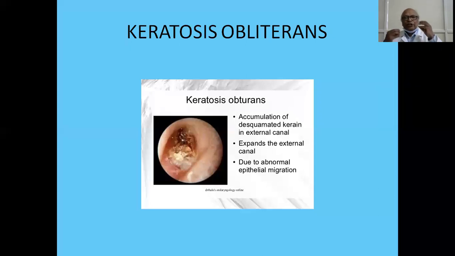Without our notice, normally the cerumen will flow out of the ears. Only in selected individuals, especially when the external canal is not straight and is tortuous, this cerumen gets accumulated, gets solidified, and slowly it gets impacted, giving rise to pain, especially after a bath.